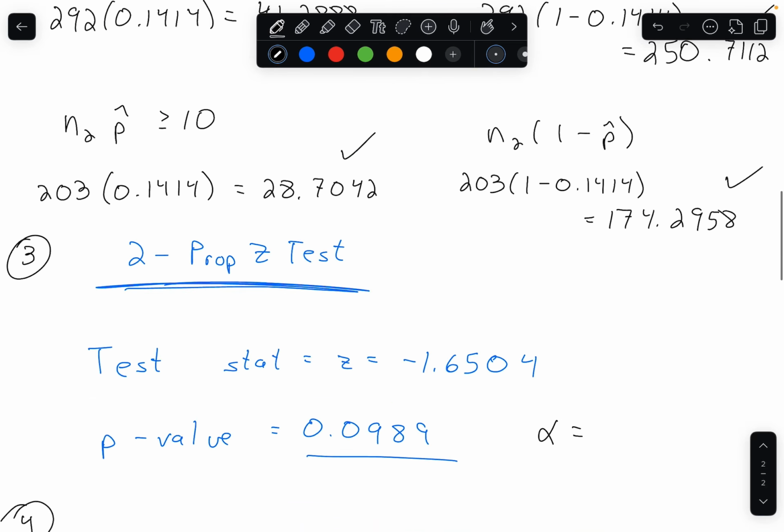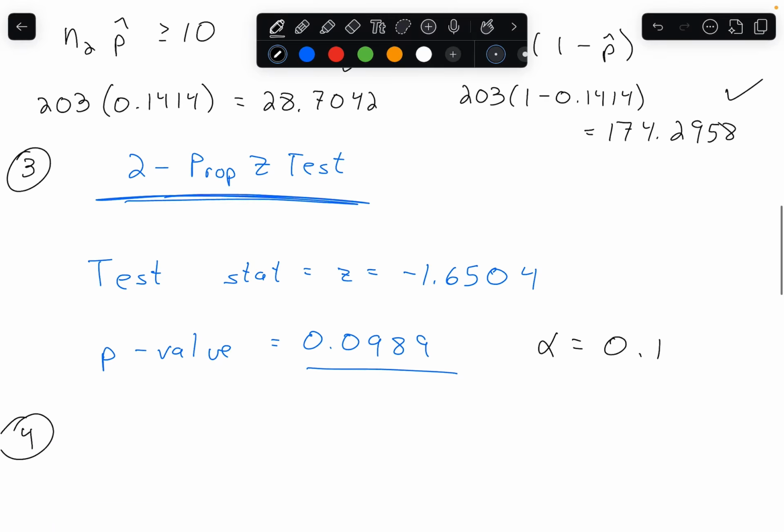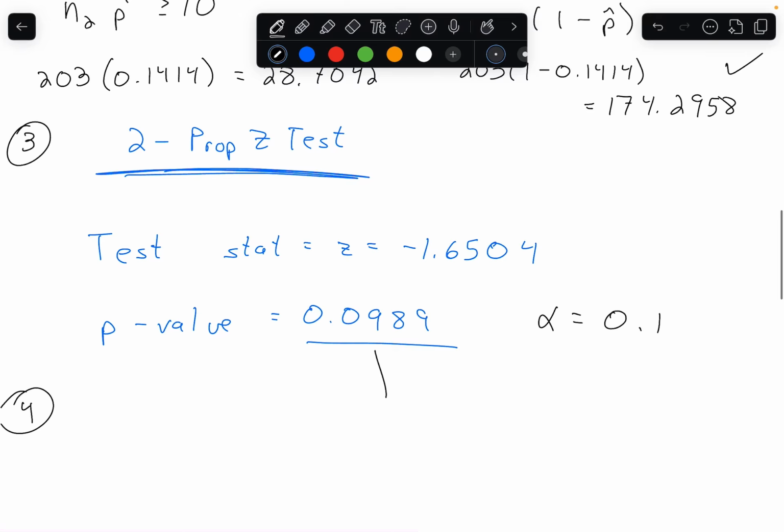So the question that I ask myself is, is the p-value less than alpha? In this case, yes, it is. The p-value is 0.0989. There's a less than 10% chance of getting a sample like ours, assuming that the null hypothesis is true.